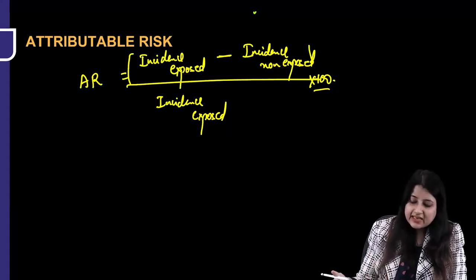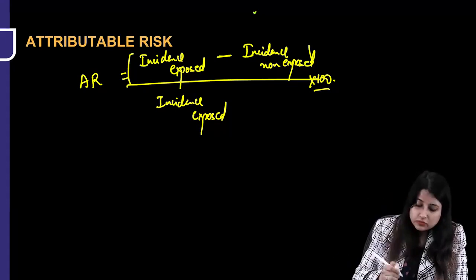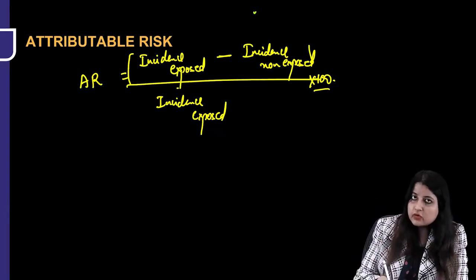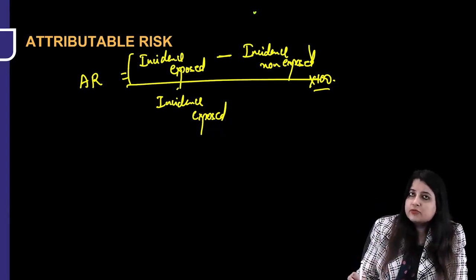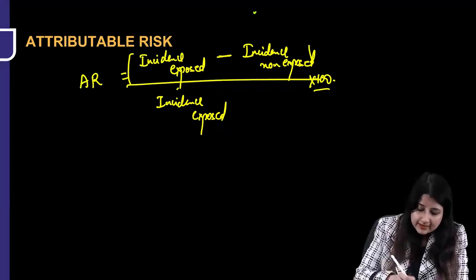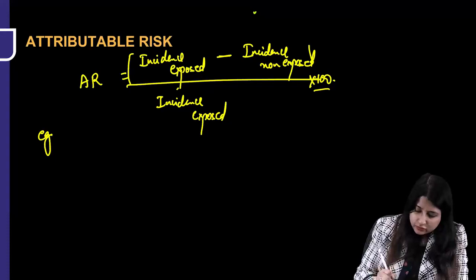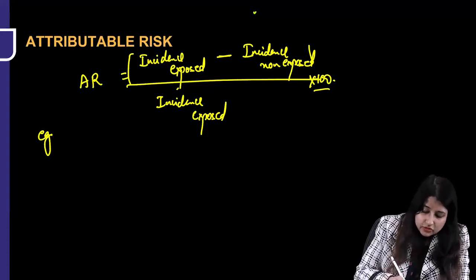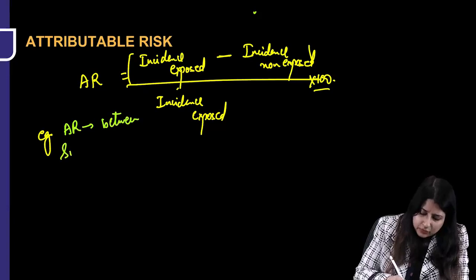Okay, incidence among exposed minus non-exposed divided by exposed. So you already know what is incidence among exposed, A upon A plus B. Non-exposed, you already know it is C upon C plus D. So you just have to put those formula. Now suppose we were studying smoking and lung cancer. So example, attributable risk that we obtained between smoking and lung cancer.